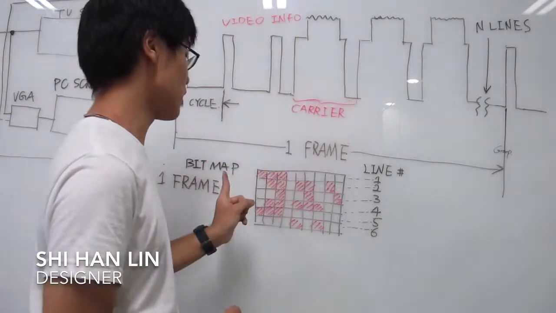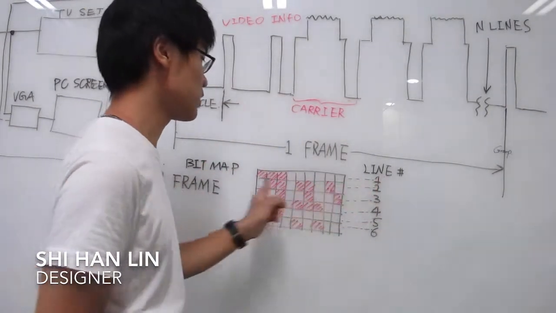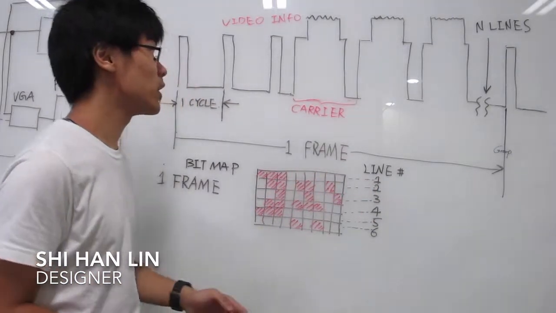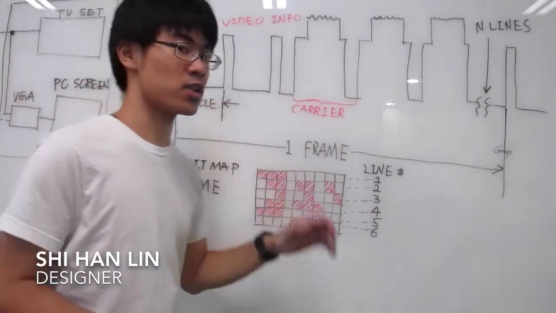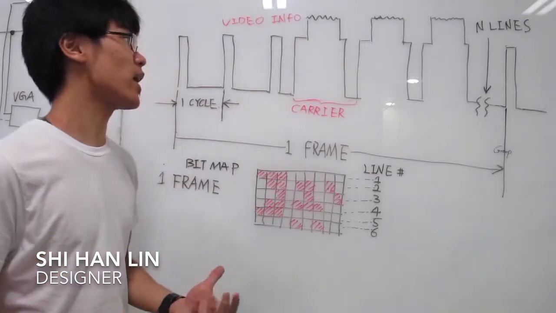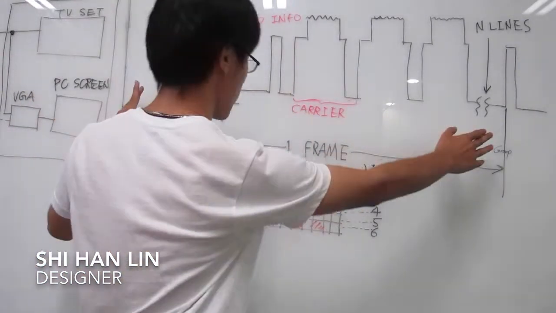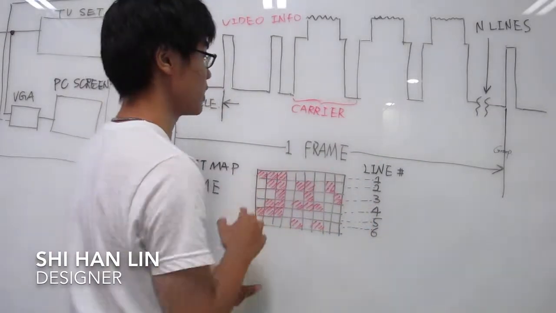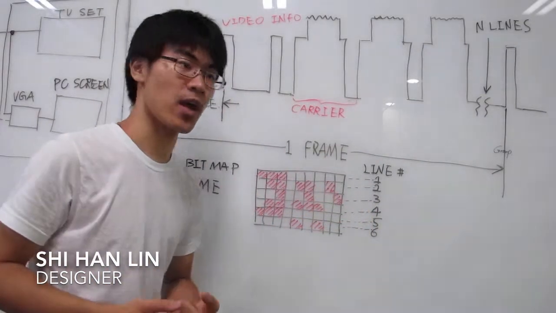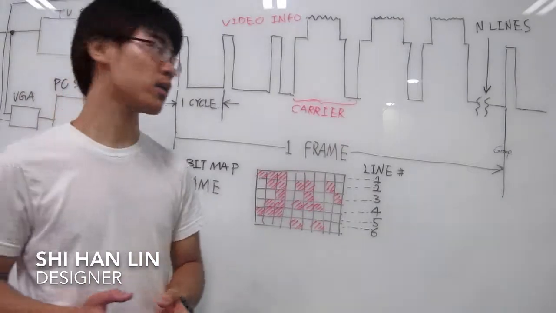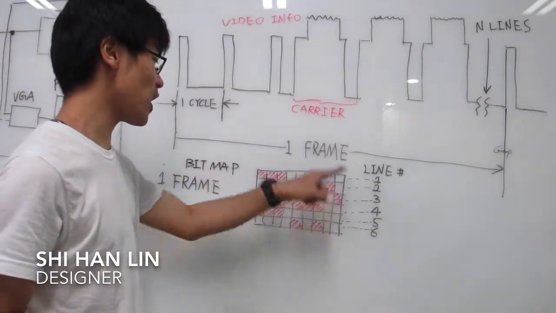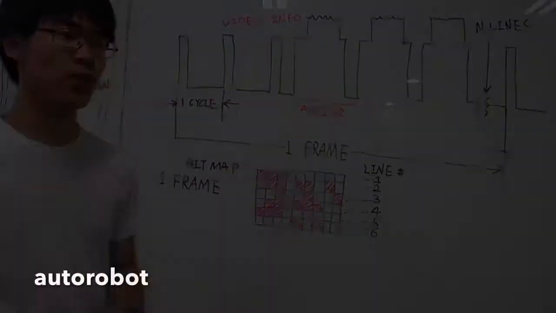Each one represents a video line here, and each frame consists of several video lines, and after transferring one frame, this bitmap will be transferred to the screen, and you can see the image on the screen. That is exactly like this bitmap.